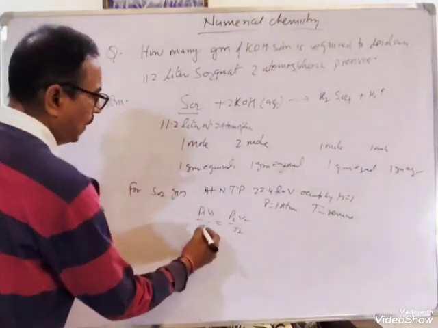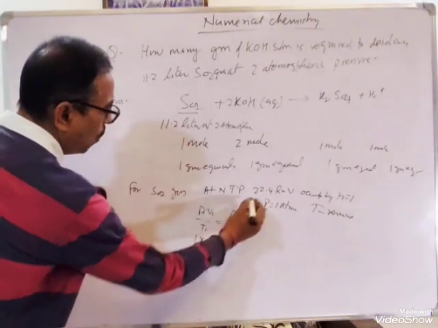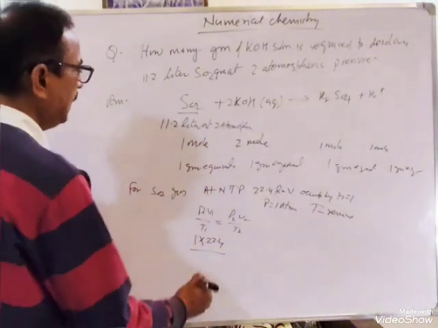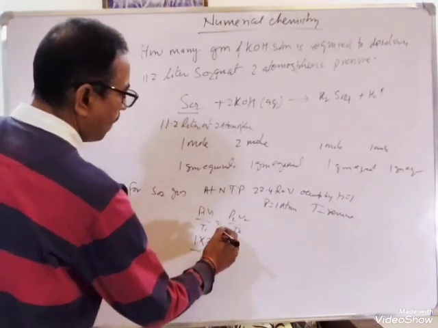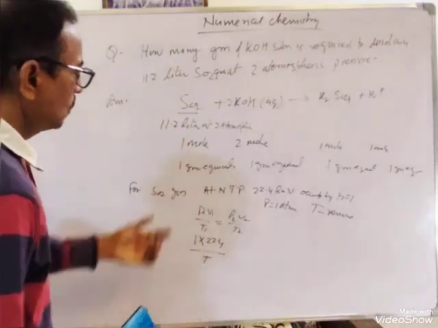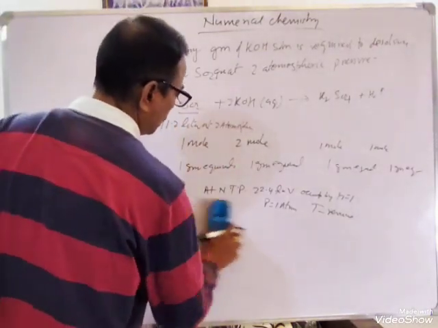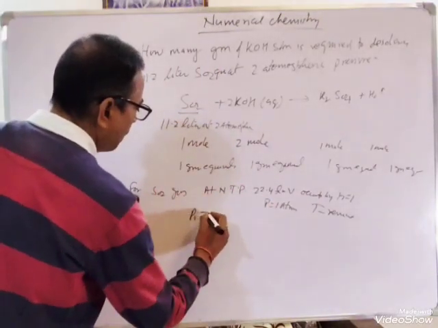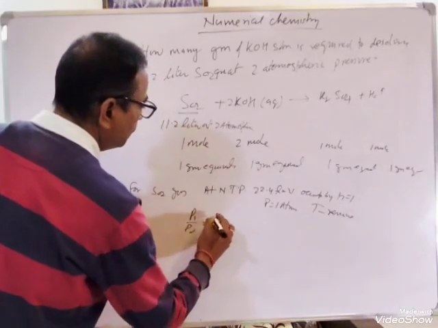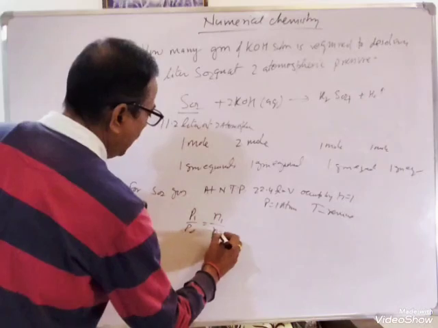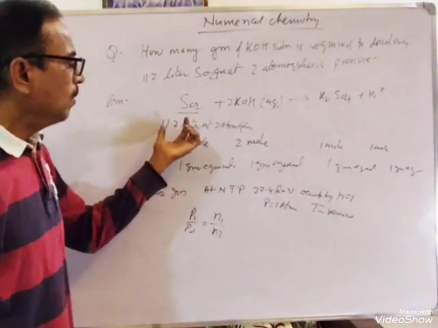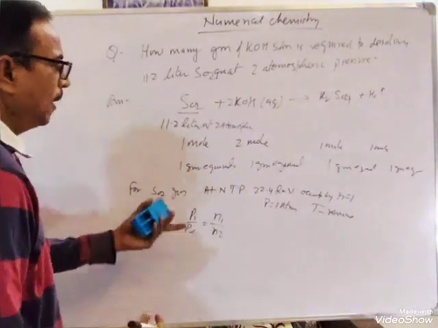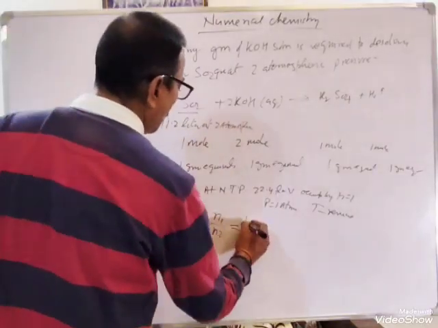In the first condition, NTP, pressure is 1 atmosphere, volume 22.4, temperature T. Volume is proportional to number of moles, so P1 by P2 equals N1 by N2, which I have told you earlier is V2 by V1.